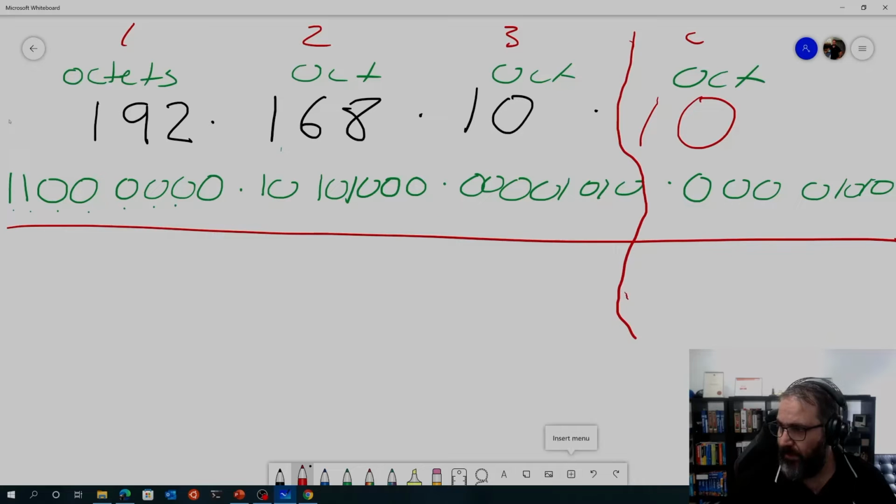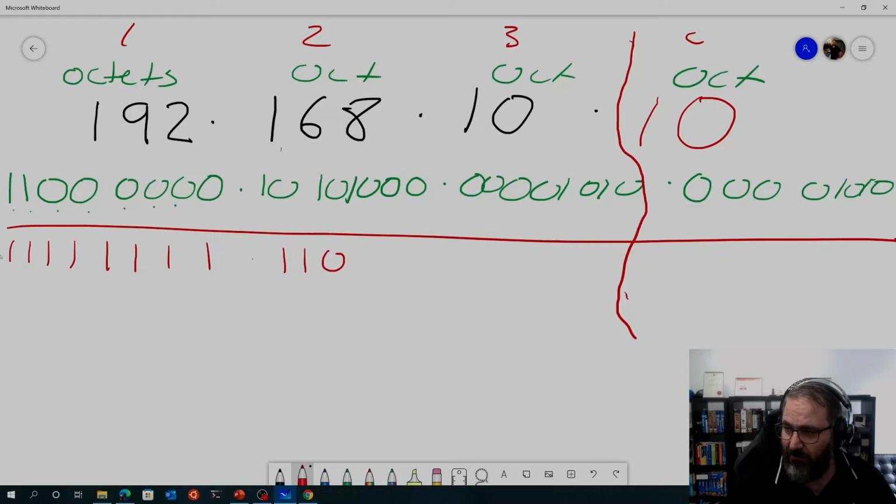But now, for the host, we are going to write these as ones. The ones have to be continuous, or contiguous, meaning they have to be in a row.